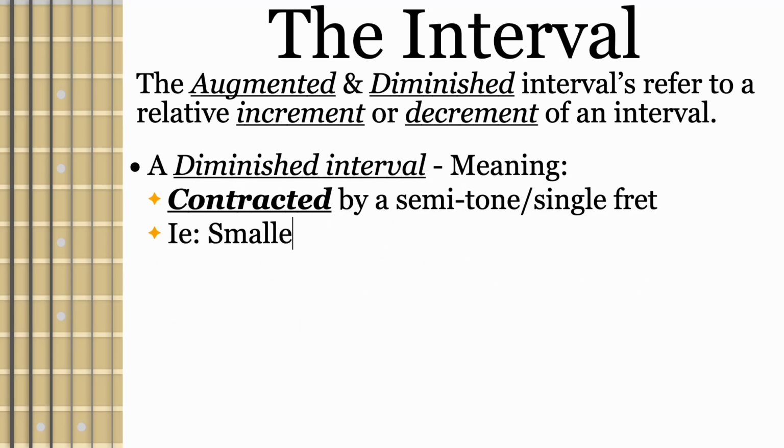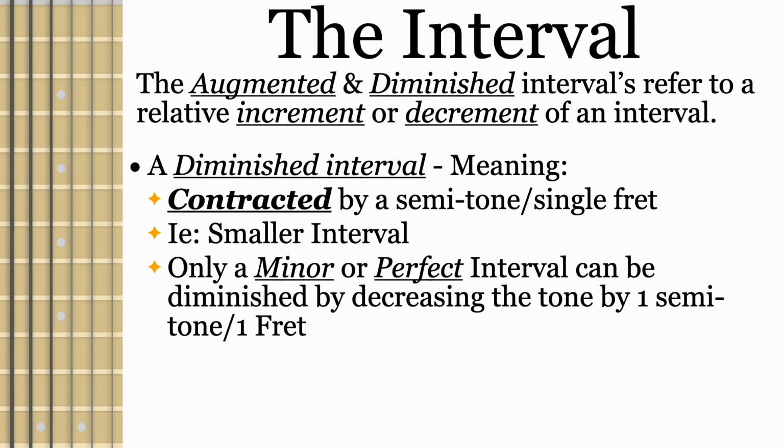But as we talk about the augmented, we also have to talk about the diminished, which is moving back 1 fret. But again, what does it mean to move a minor back 1 fret? We don't say a minor. Moving a major back 1 fret, we go to our minor. But what does it mean to move a minor back? Well, that's where we get diminished.